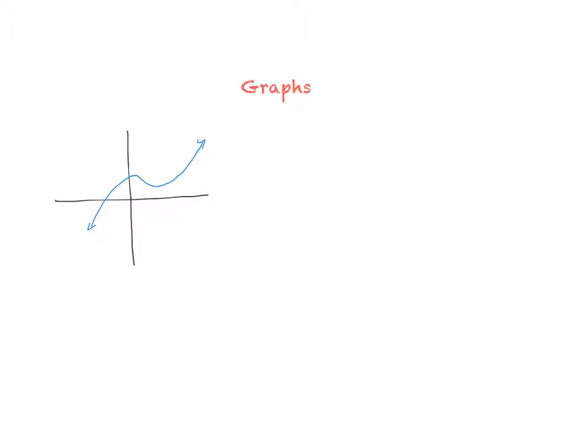to understand if this is a function or not, what you're going to be doing is creating what we call a vertical line test. So we're going to add that vertical line test.